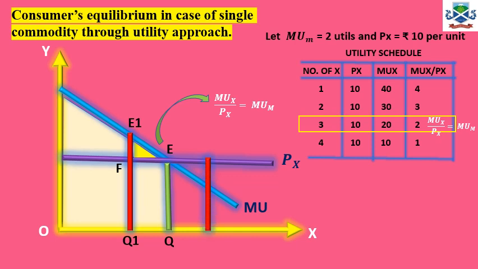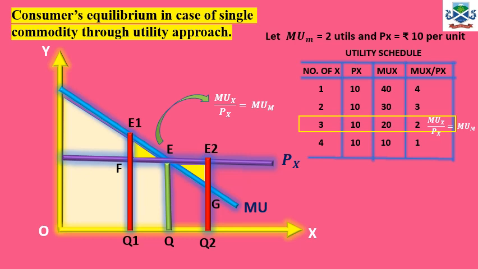Now if he is taking the other part, if the consumer starts consuming more than OQ units, you will find that he is again a loser of E2G, that is another yellow region we have mentioned.